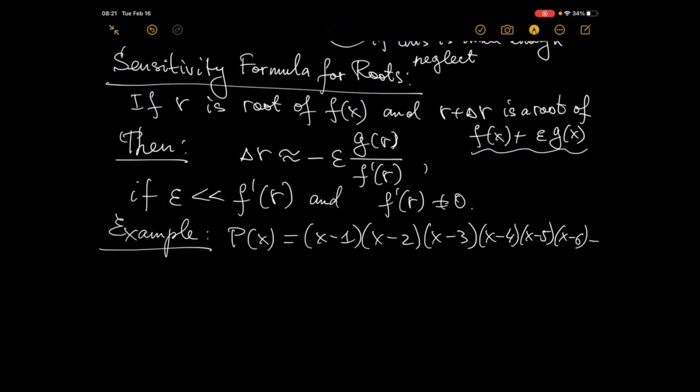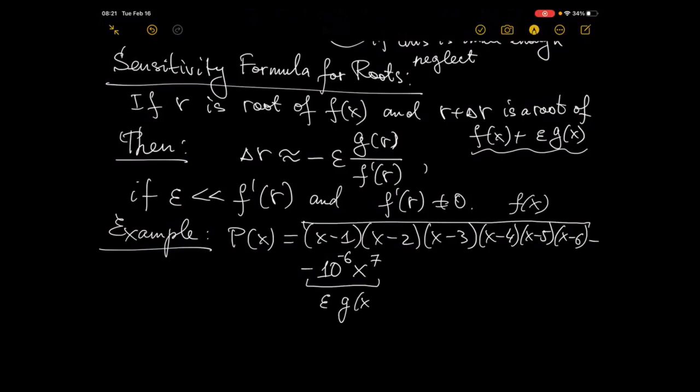And then here we have a perturbation 10 to the minus 6 x to the 7th. So it means that this is my original f of x, and this is my epsilon g of x. So this is g of x, this is epsilon.